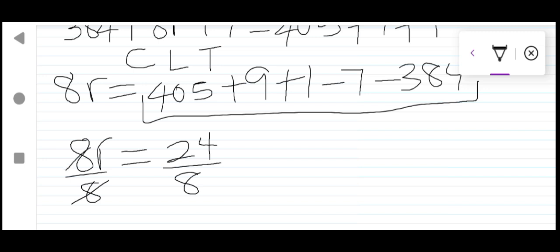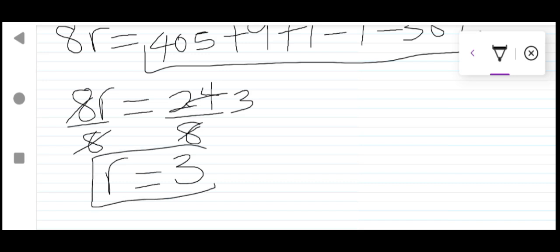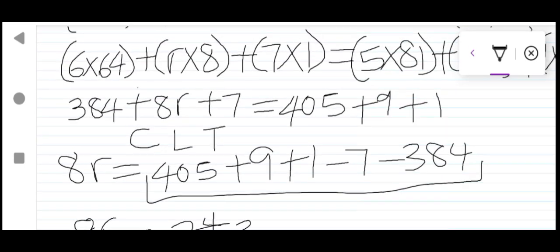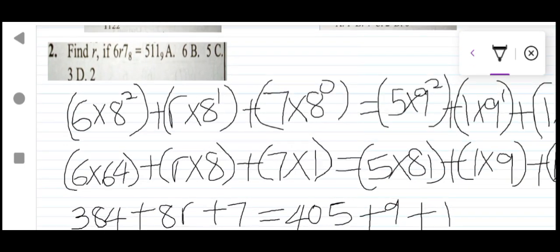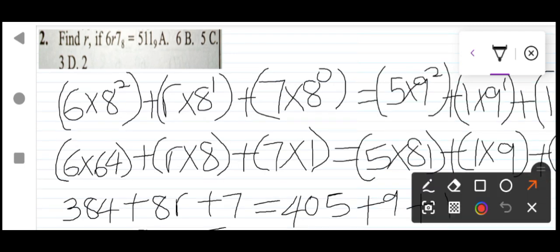So this cancels out, and 8 in 24 gives 3. So the value for r is 3. So let's go check our results from the options given. 3, and you would agree that is right here, option C.